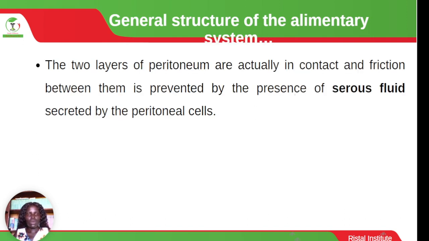The two layers of peritoneum are actually in contact, and the friction between them is prevented by the presence of serous fluid secreted by the peritoneal cells. So between the parietal and the visceral layers there is the serous fluid, which helps in preventing friction between the two layers.